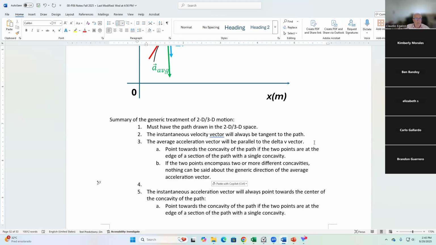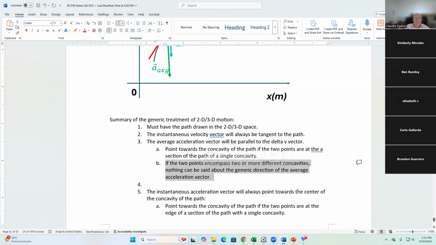Okay, so here you go. It points toward the concavity of the path if the two points are at a section of the path of a single concavity. Better this way.